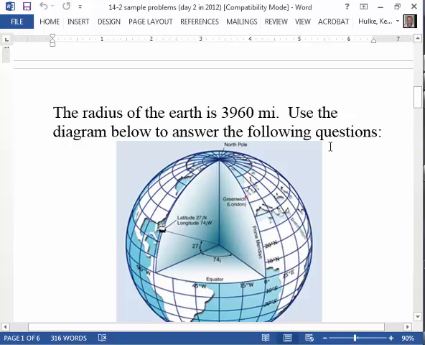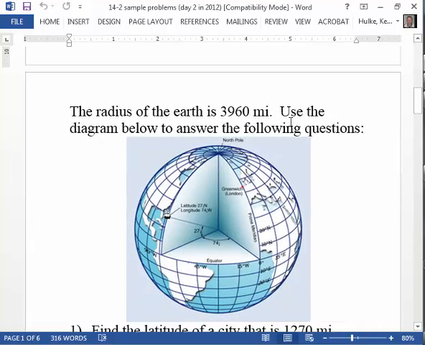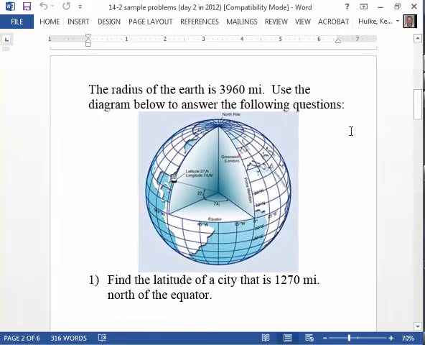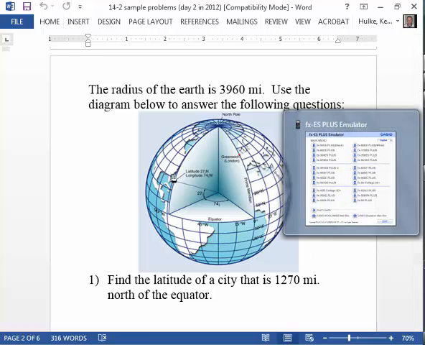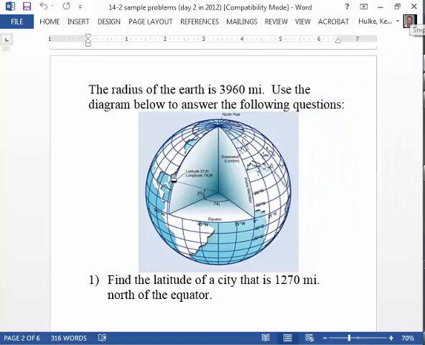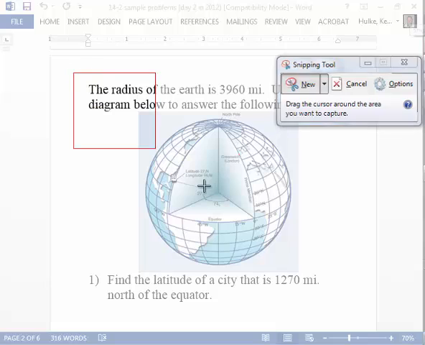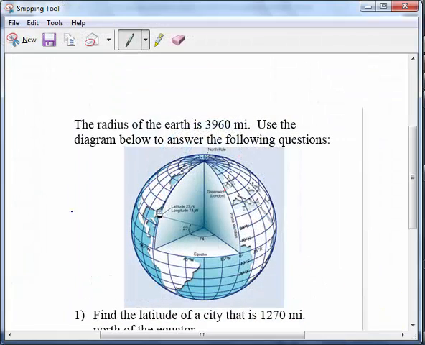This is kind of an interesting problem. It says the radius of the Earth is 3960 miles. Use the diagram below to answer the following questions. Find the latitude of a city that is 1270 miles north of the equator. So what we can do is find out how many radians that would be.